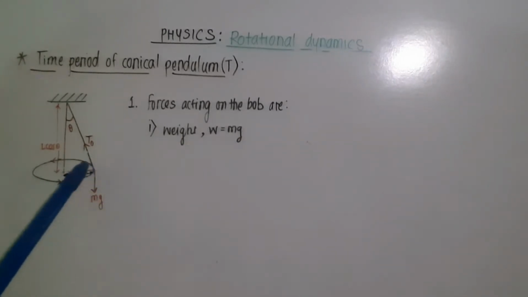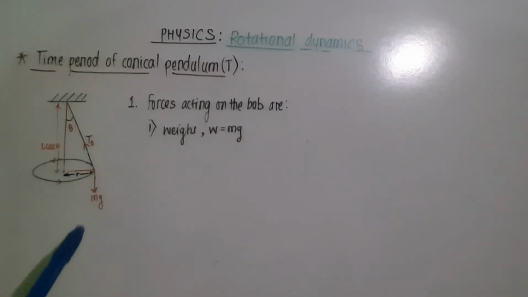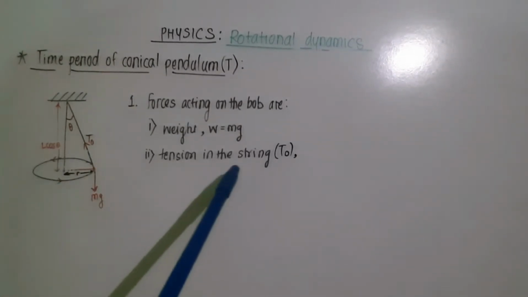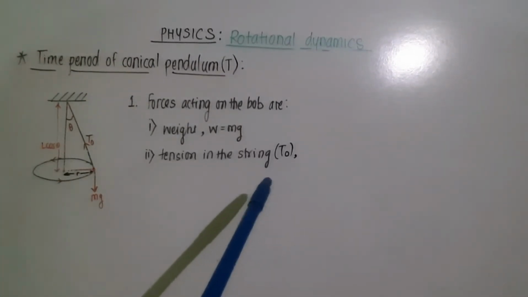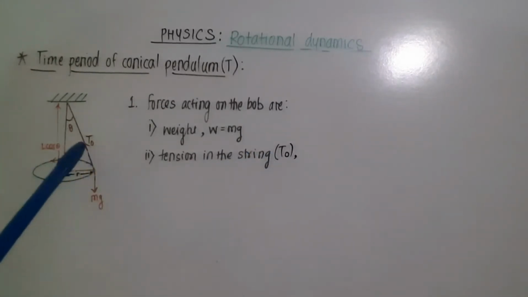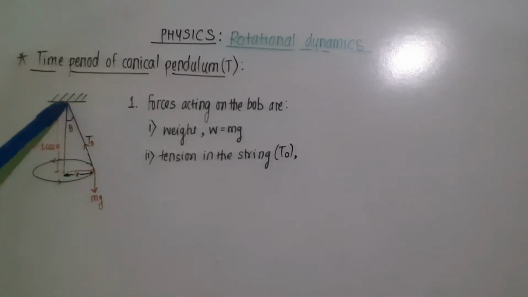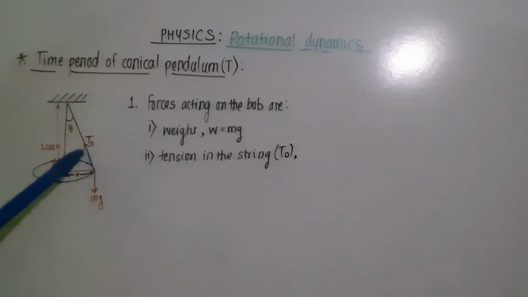This is the weight of the bob and it acts vertically downward. The second force is the tension in the string, denoted by T0, which is directed towards the point of suspension along the length of the conical pendulum.